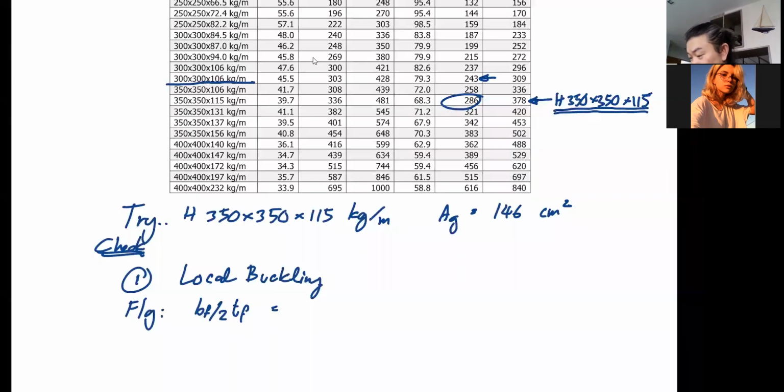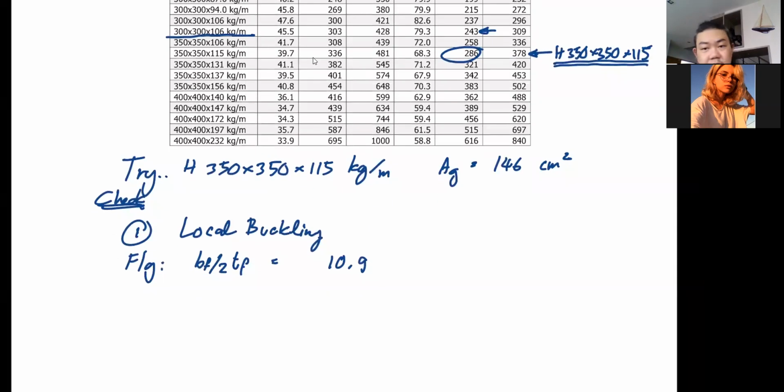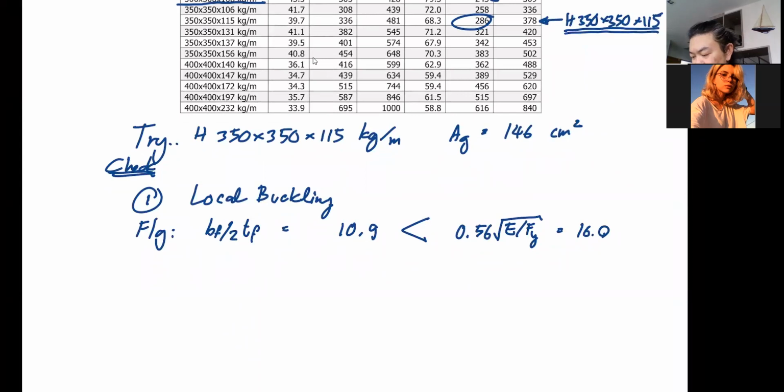Because we are using SS400, this is going to be compared with the limiting value of 0.46 square root E over Fy, and you should be familiar by now that it is 16, so we are okay. The flange is compact.